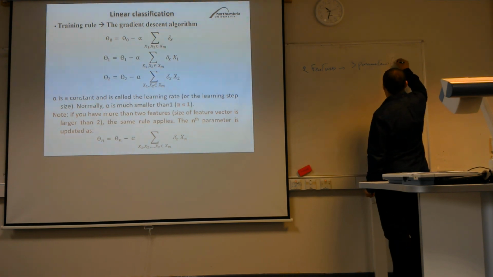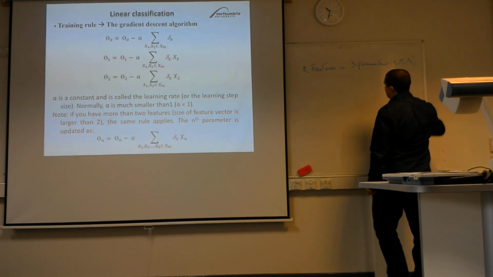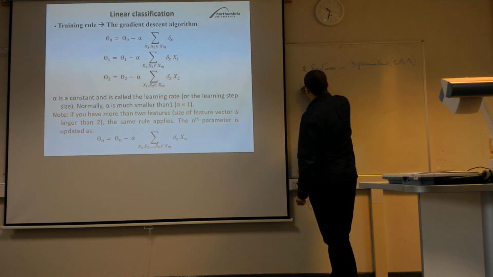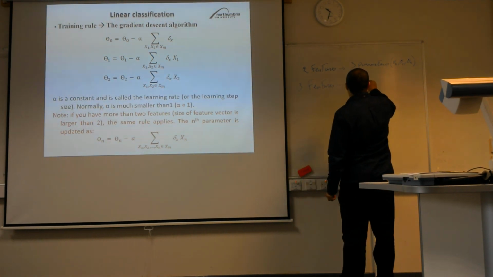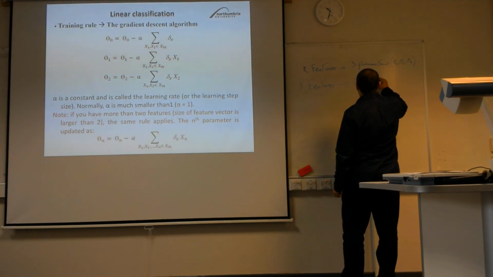So it would be theta 0, theta 1, and theta 2. Now, 3 features would be 4 parameters.